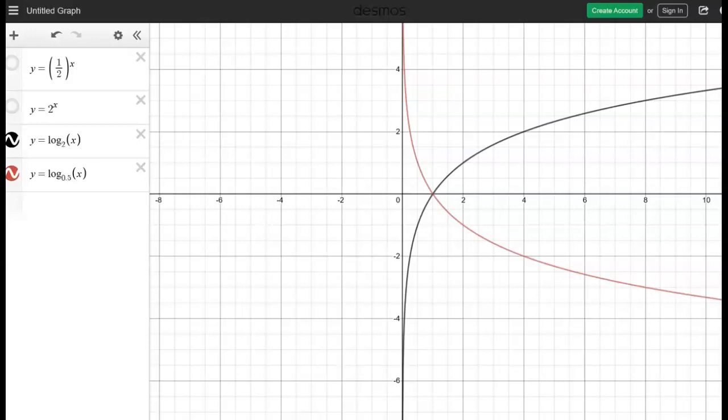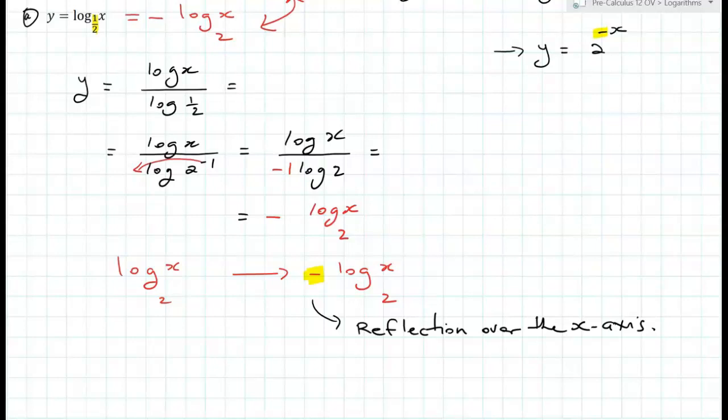Okay, so when you have a base that is between 0 and 1, a fraction, that's a reflection over the x-axis. So here is the summary: when we go from y equals log of x base 2 to negative log of x base 2, that negative makes the graph reflect over the x-axis.